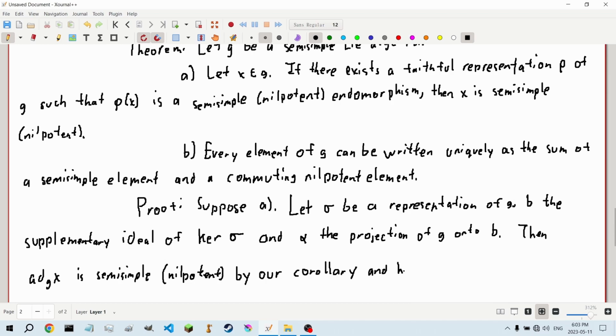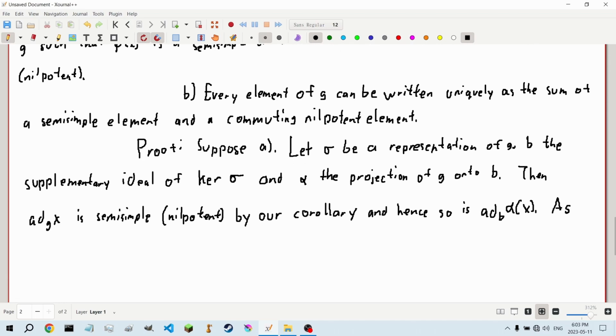And hence, so is the adjoint in B of the projection of our X onto B, as sigma of X is equal to sigma of alpha of X.